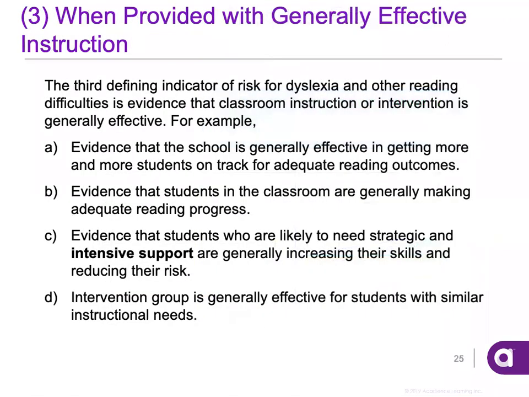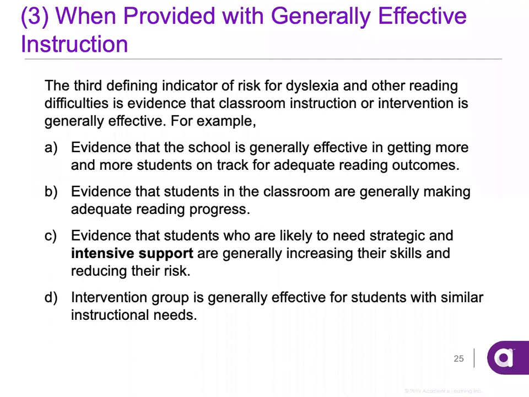Okay, so I'm going to spend the last couple of minutes here putting a fine point on some things we've already been discussing. The third criteria, and again, we'll go into these ideas a little bit deeper in the dyslexia screening and Acadience reading session tomorrow, but the third indicator for risk for reading difficulties is related to generally effective instruction.